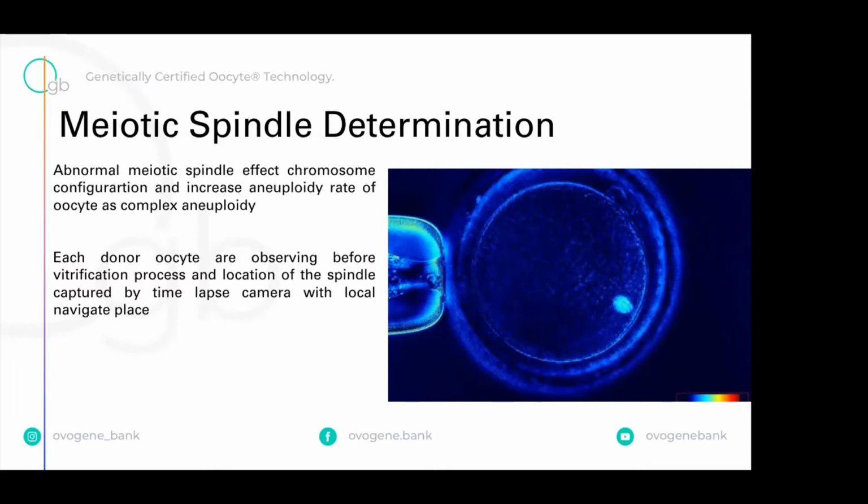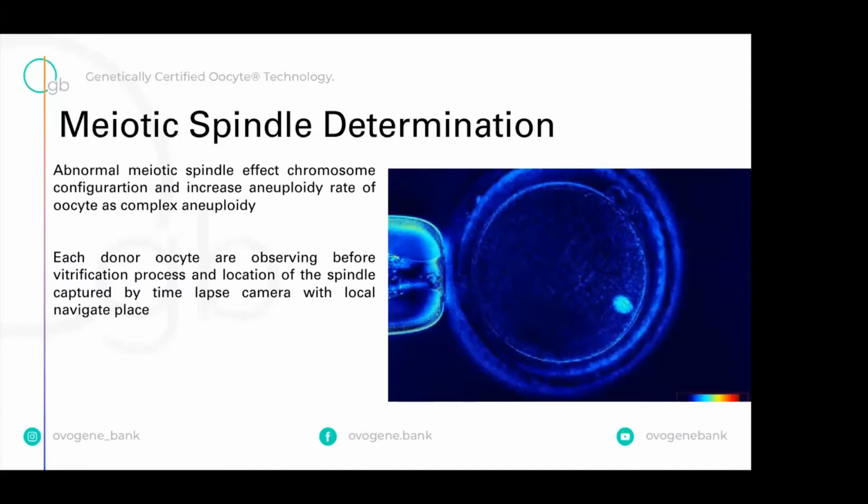That depends on the request of the customer. Actually, we are giving them a high-resolution time-lapse image where they will find the exact location of the meiotic spindle during ICSI, even if they don't have any kind of meiotic spindle software. So on the next slide, I will try to explain how, without software, you will find out from our image where you should do ICSI.